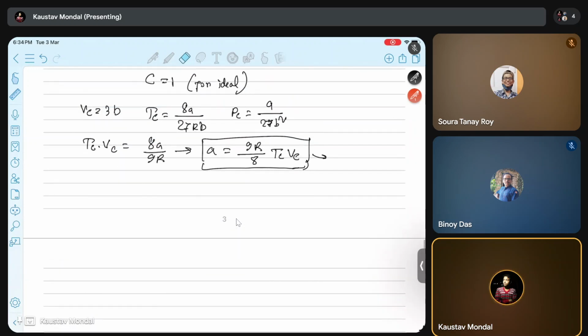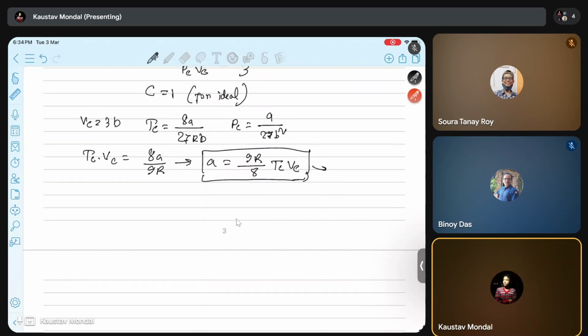You can calculate P also. P would be Vc by 3, so you can substitute.